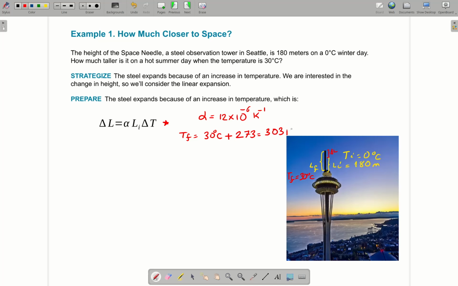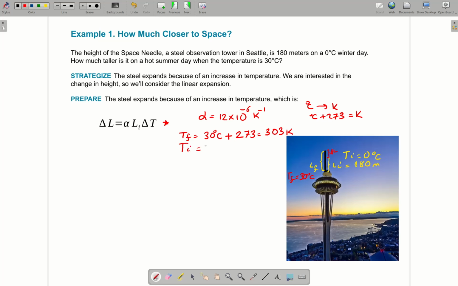Yes. So this is 303 Kelvin. So centigrade to Kelvin, we say centigrade plus 273, and we convert it to Kelvin. We'll be using Kelvin all the time here in this section too.